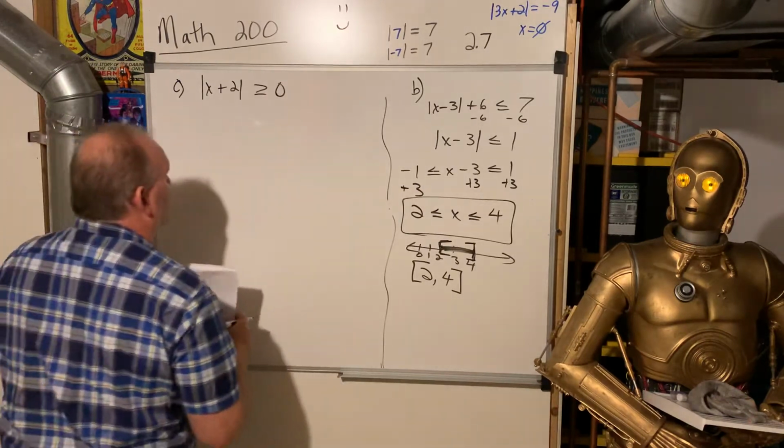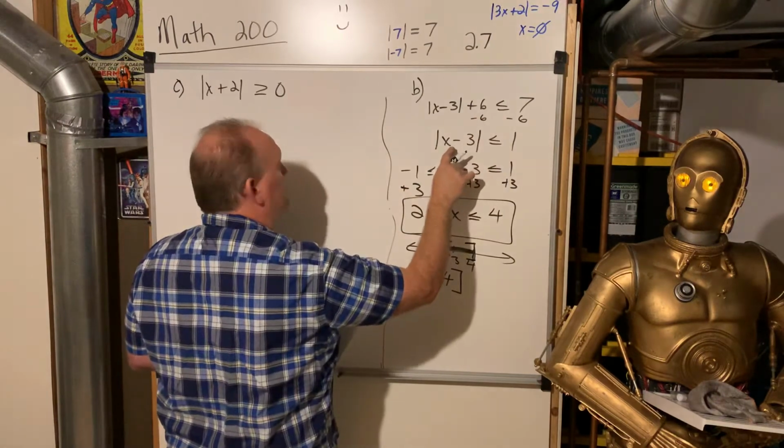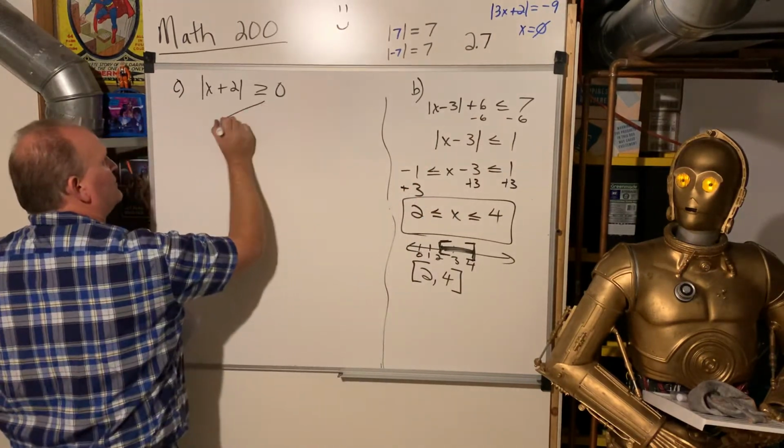So with or problems, it's pointing at the number. It's not pointing at the absolute value. And so this one we do like the equals sign.